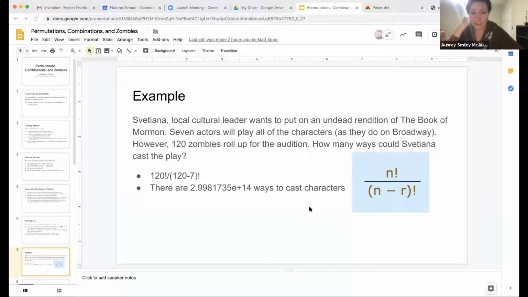Here it's 120 factorial divided by 120 minus 7 factorial. So there are a ton of ways that 120 people could be cast into these roles. And order does matter because you can't substitute Elder Price out for any other character. He is who he is, and people can't just change roles like that. So keep this in mind for when order matters.